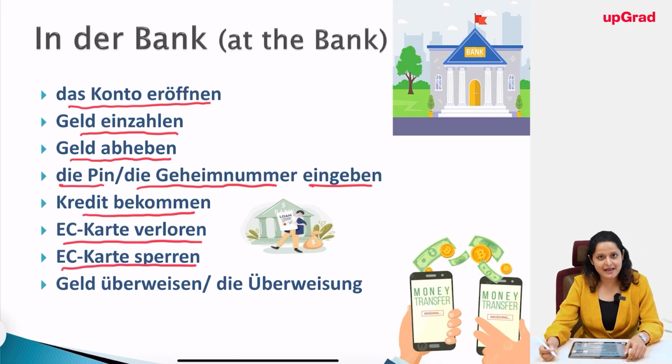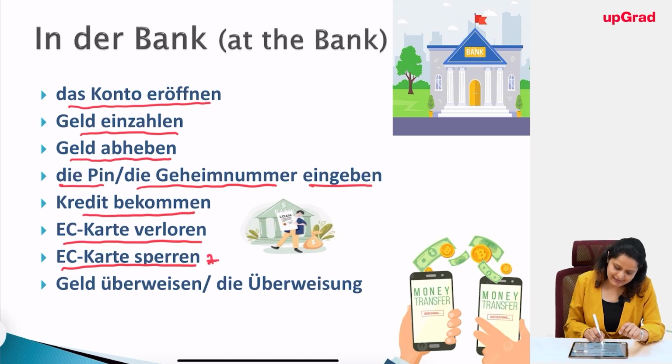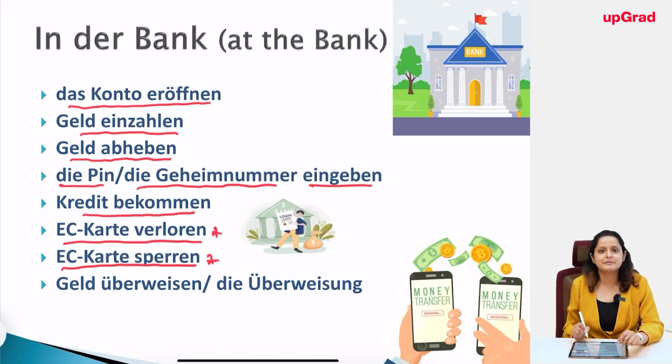Karte sperren, which means they will block your card. So the word sperren means to block, and the word verloren means to have lost. So if you have lost a card, please say verloren. That is Karte oder Kreditkarte verloren and Karte sperren. That is, you can ask them to block your card.